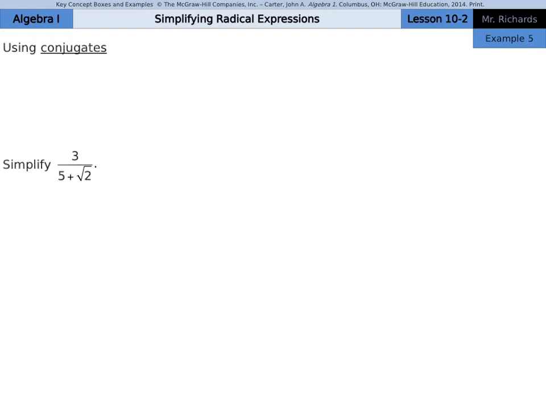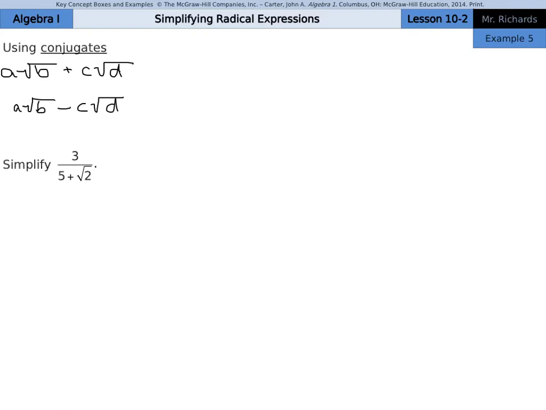And the last part of our lesson involves using conjugates. What is a conjugate? Well, something like A times the square root of B plus C times the square root of D, or even A times the square root of B minus C times the square root of D. Now something cool happens when we use conjugates.